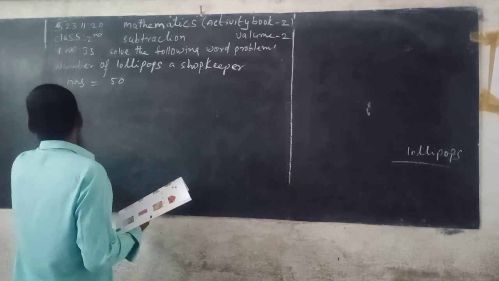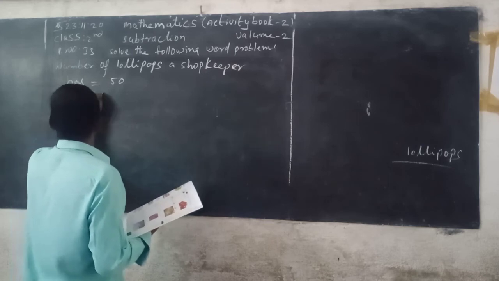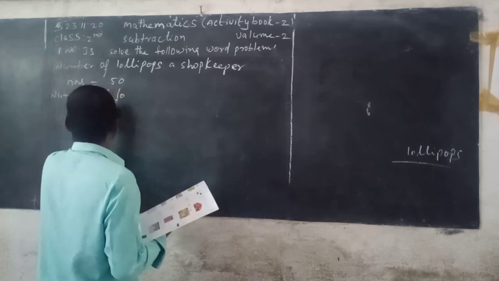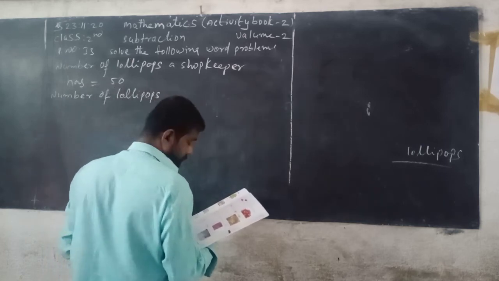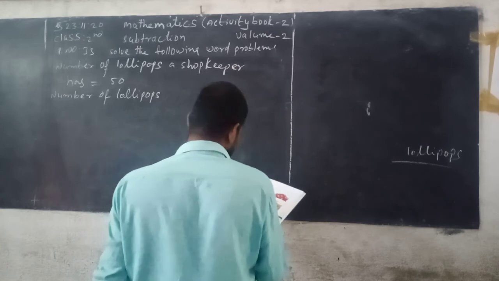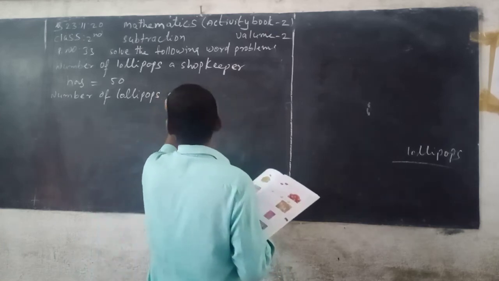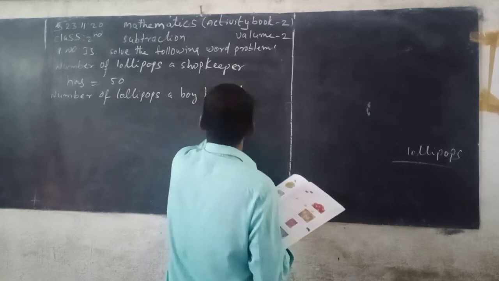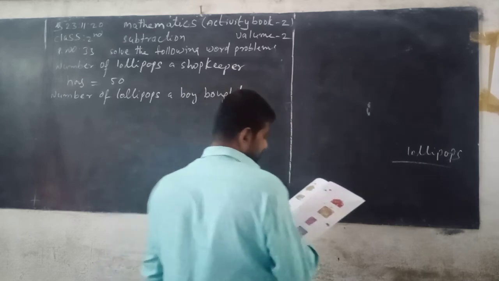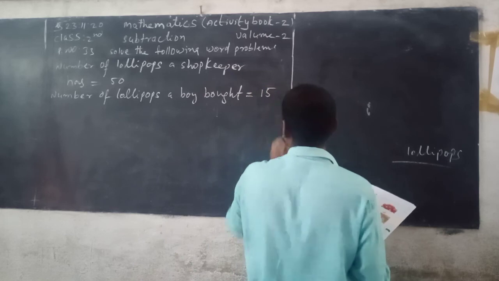Number of lollipops a boy bought, that is equals to 15.